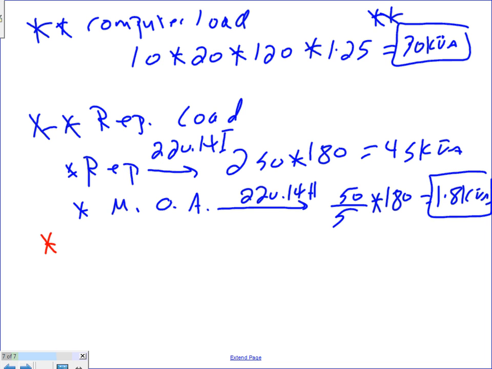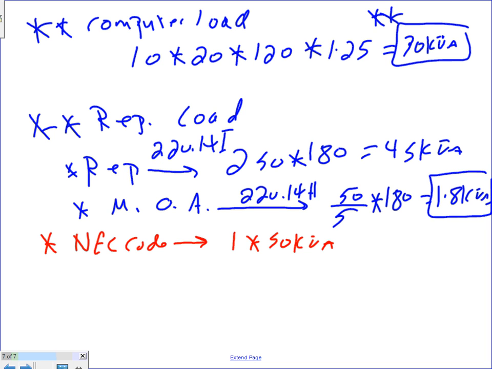Also, demand. This is NEC code. Since it's an office building, guys, you have to do this step, which is 1 times 50 kVA.